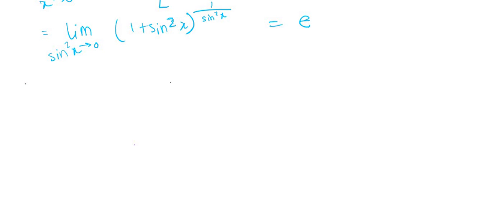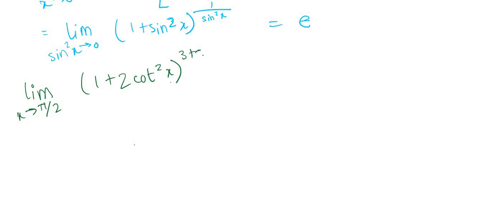Now we'll do another example. Limit as x tends to pi by 2 of 1 plus 2 cot squared x raised to 3 tan squared x.